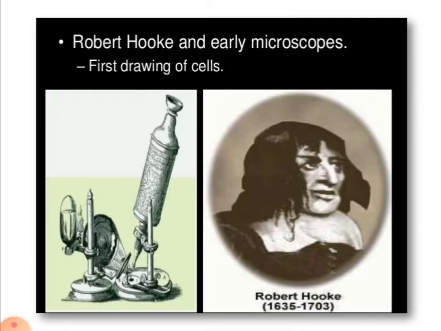He was an English scientist, and he discovered a very small but significant entity that became the foundation of life. He observed a thin shaving of cork. The word cork means the outer covering, or bark, of a tree, the hard covering of the tree, which is slightly brownish in color.